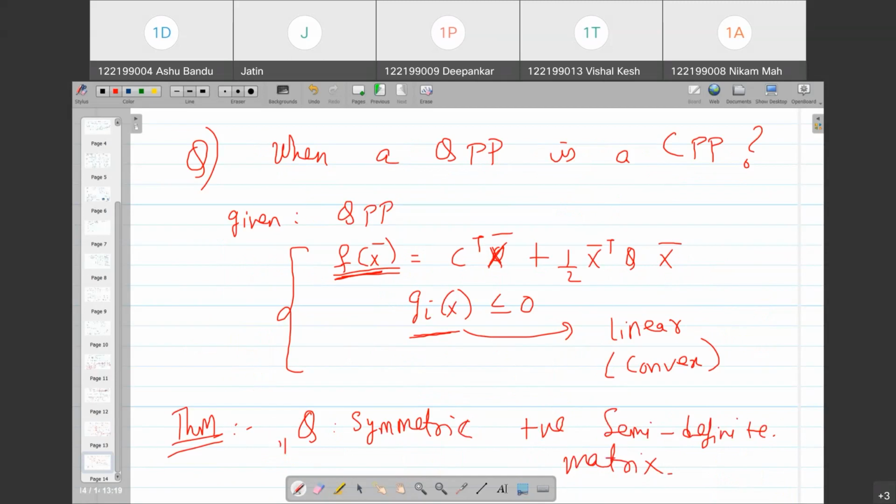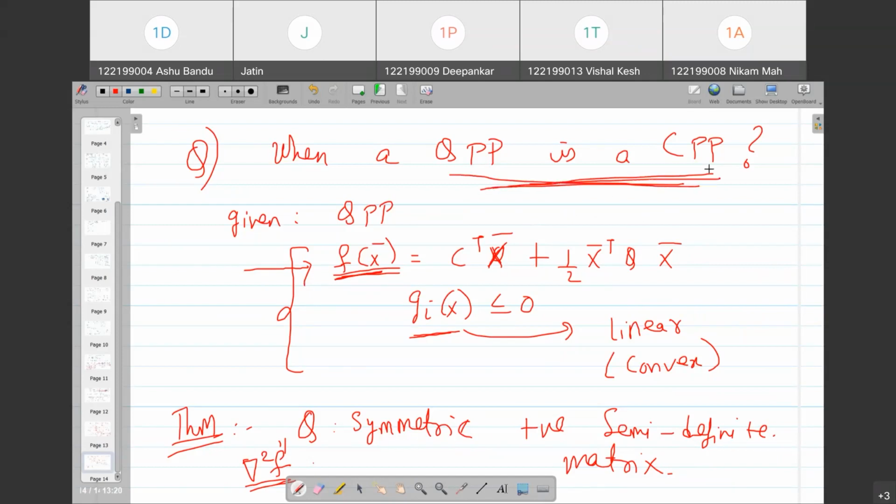Your Q is nothing but the Hessian of F. I already told you how to check whether a function is convex: you simply find the Hessian, and if the Hessian is a positive semi-definite matrix, great. In a QPP, when the Hessian or matrix Q is symmetric positive semi-definite, we call the QPP a convex CPP.